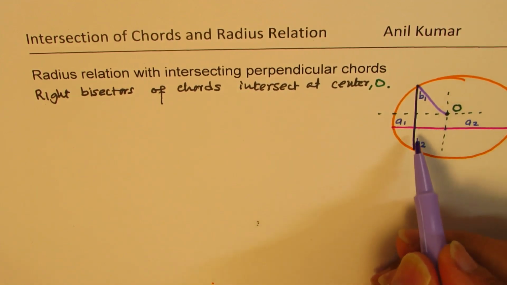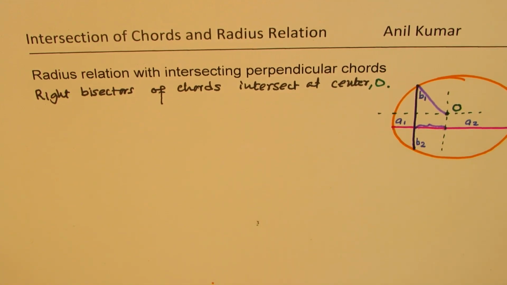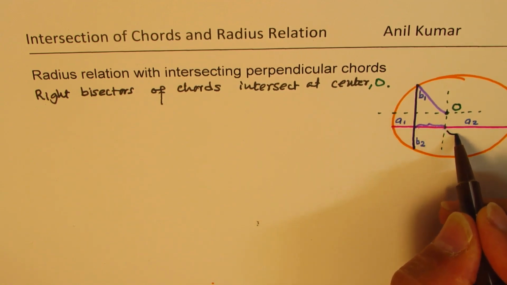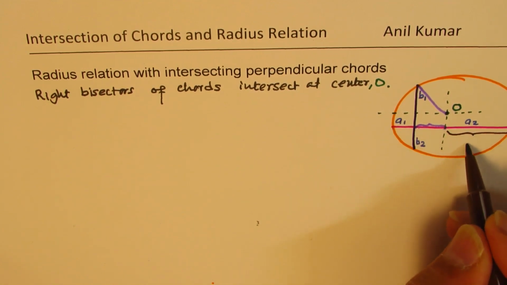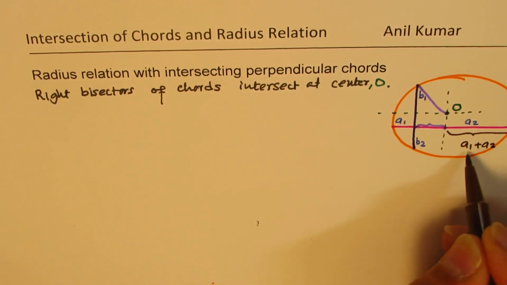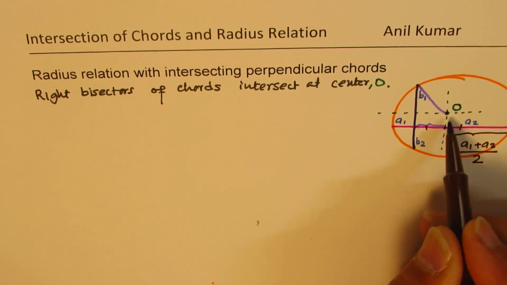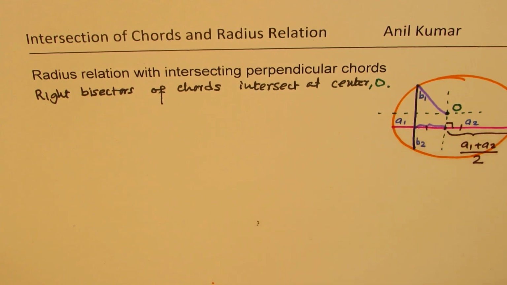What we know here is that this length is half of this total, so this length is (A1 + A2) divided by 2, because this is the center and this line is a perpendicular bisector. So it bisects this chord into two equal parts.